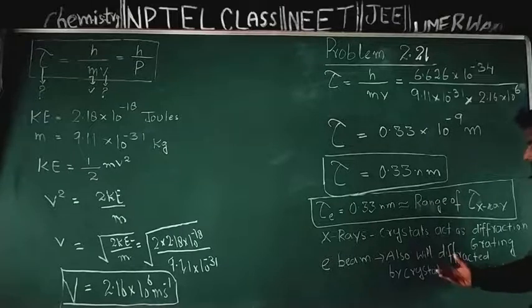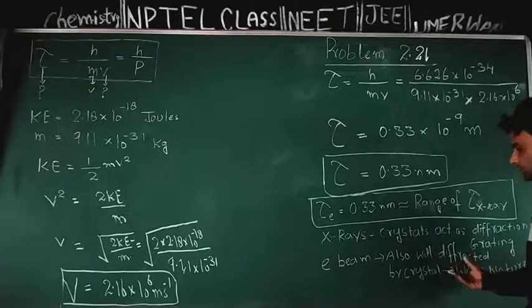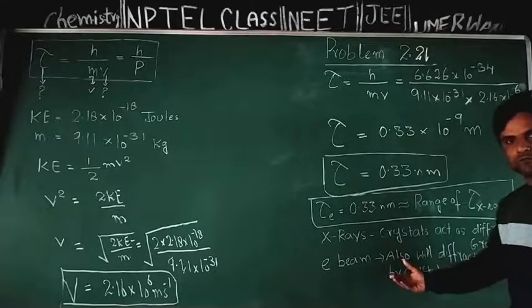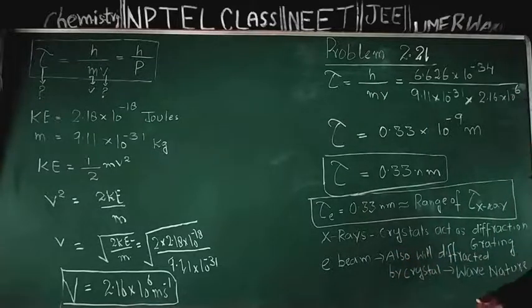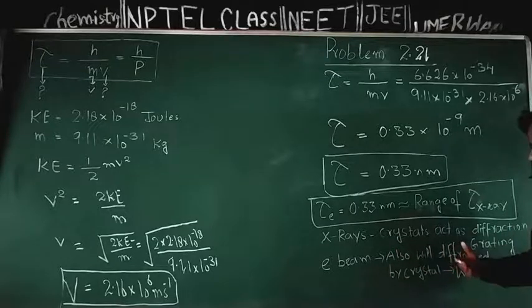Or else I will say that diffraction is a phenomenon associated with waves. If crystals diffract electron beam, then it is indication that electron behaved as wave during diffraction. For diffraction to occur, electron has to behave as wave, then only crystal can diffract electron beam.